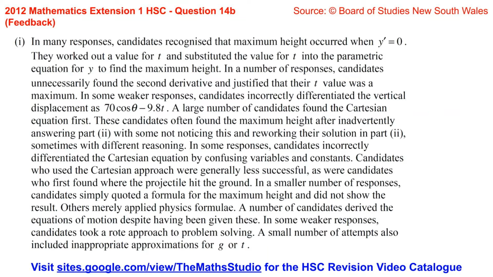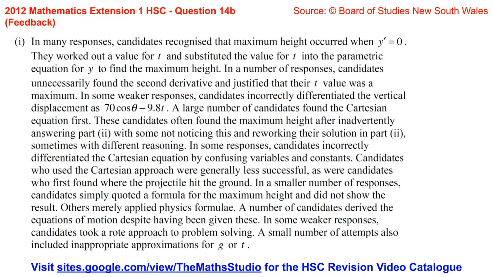In some responses, candidates incorrectly differentiated the Cartesian equation by confusing variables and constants. Candidates who used the Cartesian approach were generally less successful, as were candidates who first found where the projectile hit the ground. In a smaller number of responses, candidates simply quoted a formula for the maximum height and did not show the result. Others merely applied physics formulae. A number of candidates derived the equations of motion despite having been given these.